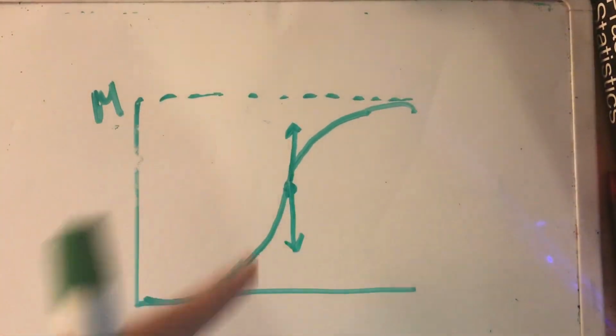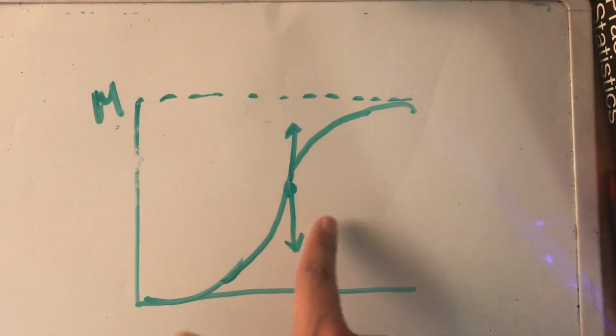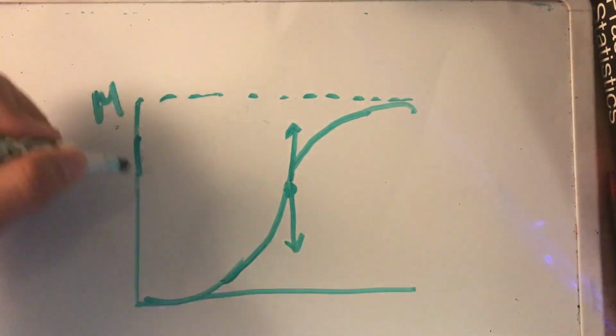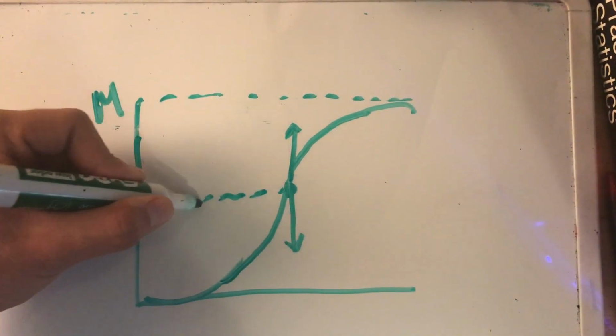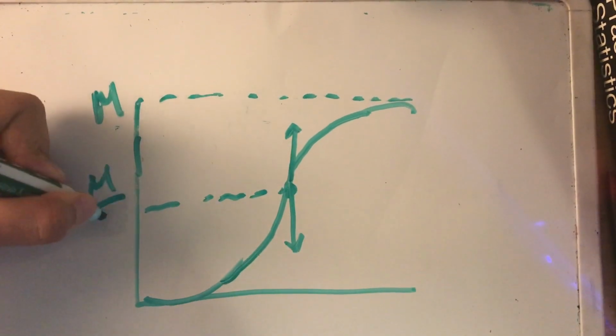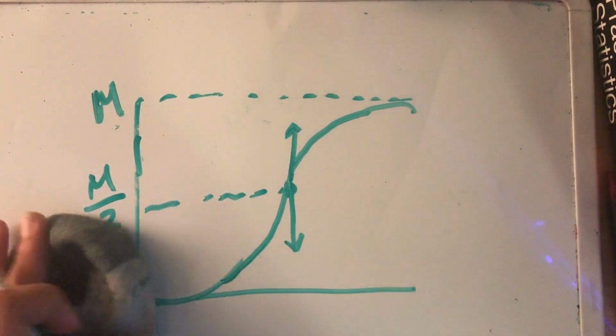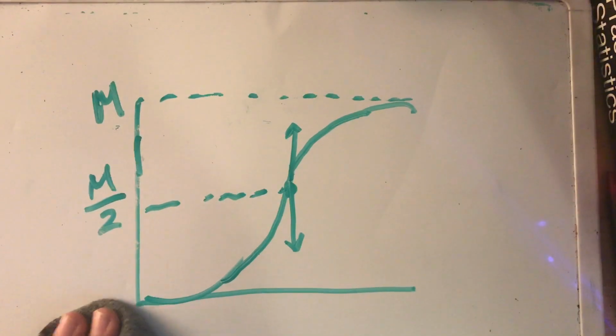That's when your population is growing the fastest, when it's reproducing the quickest, and that is always at the halfway point, half the carrying capacity. This is always true for any of these problems. So if they ask what the population is when it's growing the fastest, it's half the carrying capacity, M over 2.